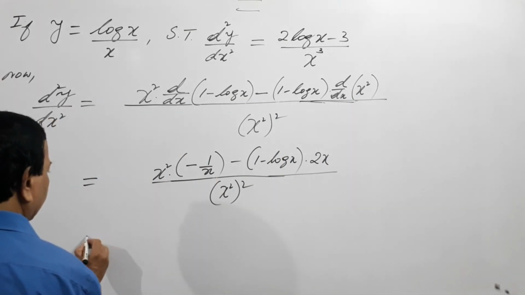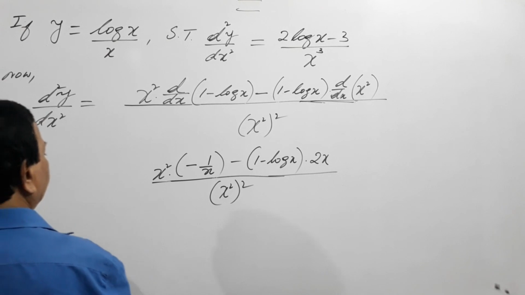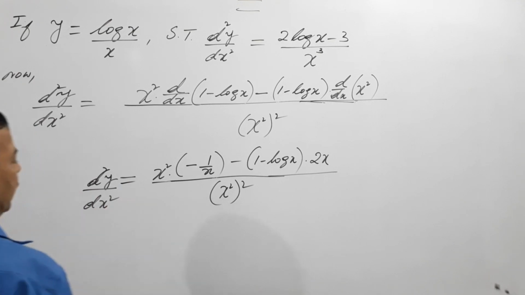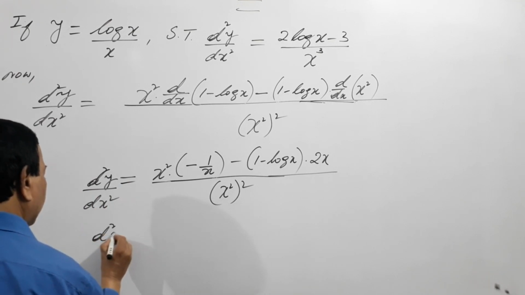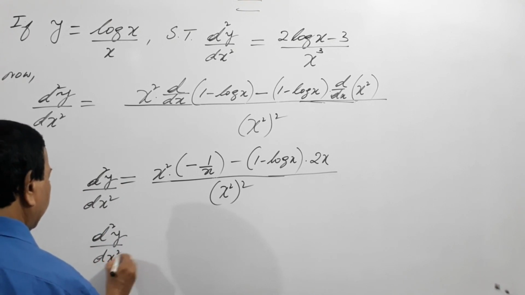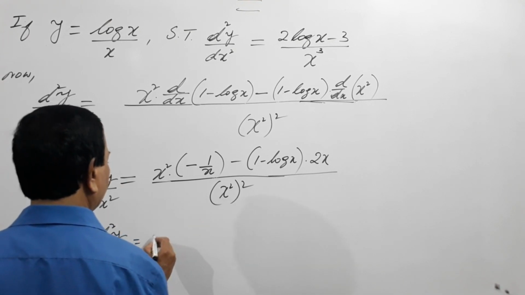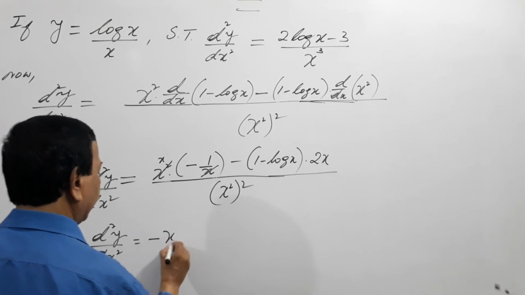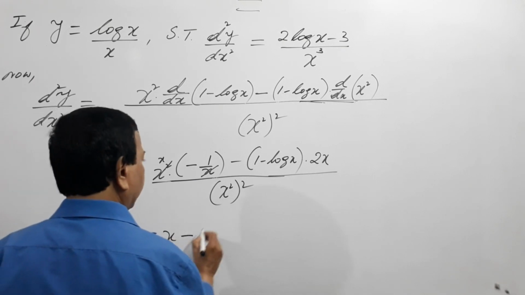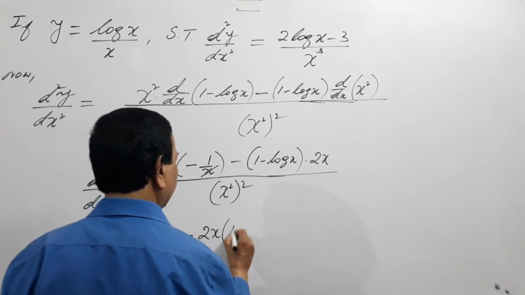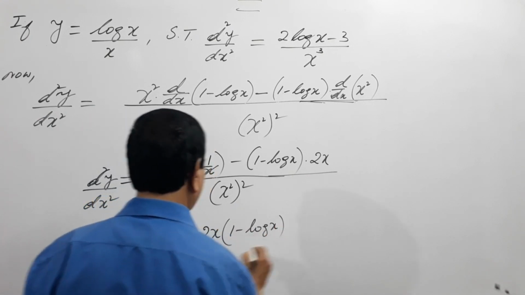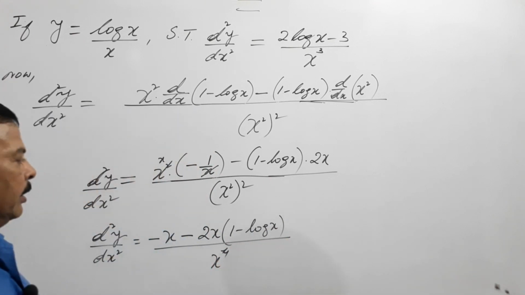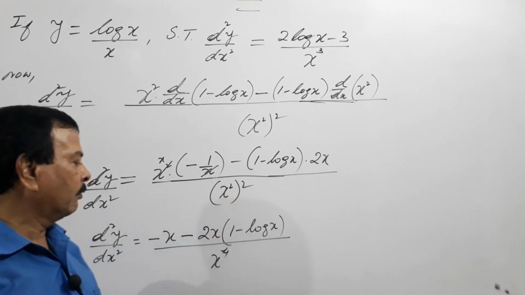So let's simplify this. d square y by dx square equals, the x cancels and becomes x times, so this becomes minus x, minus 2x into (1 minus log x), by x to the power of 4, because x square to the whole power of 2 is x to the power of 4.